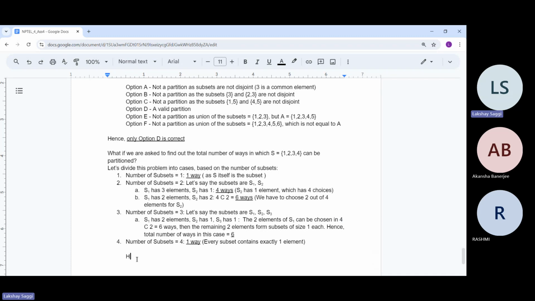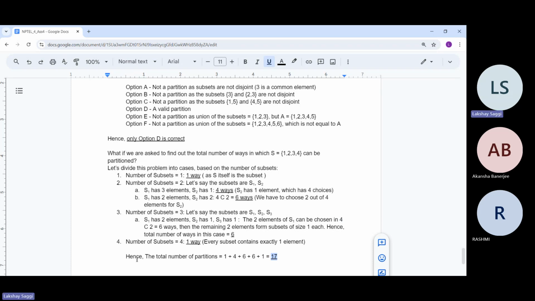So the total number of partitions is equal to 1 plus 4 plus 6 plus another 6 plus 1, which is equal to 18.